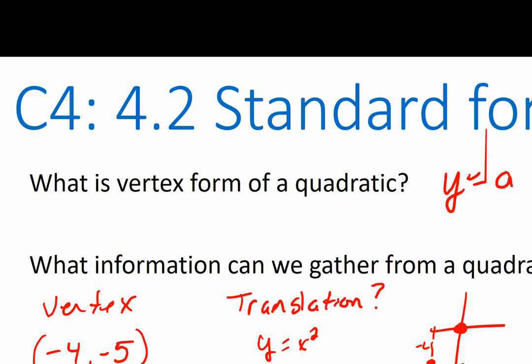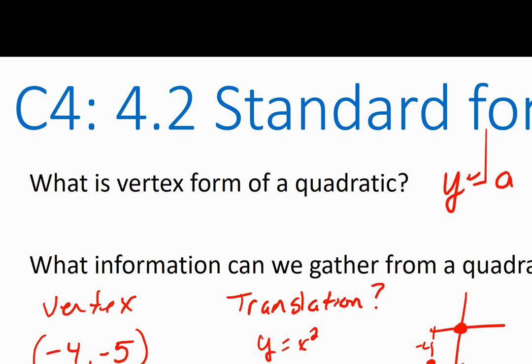Okay, so now into standard form. What again is standard form? Eli, you got it? y equals ax squared plus bx plus c. Okay, so now in this section, we're going to focus more on this standard form.